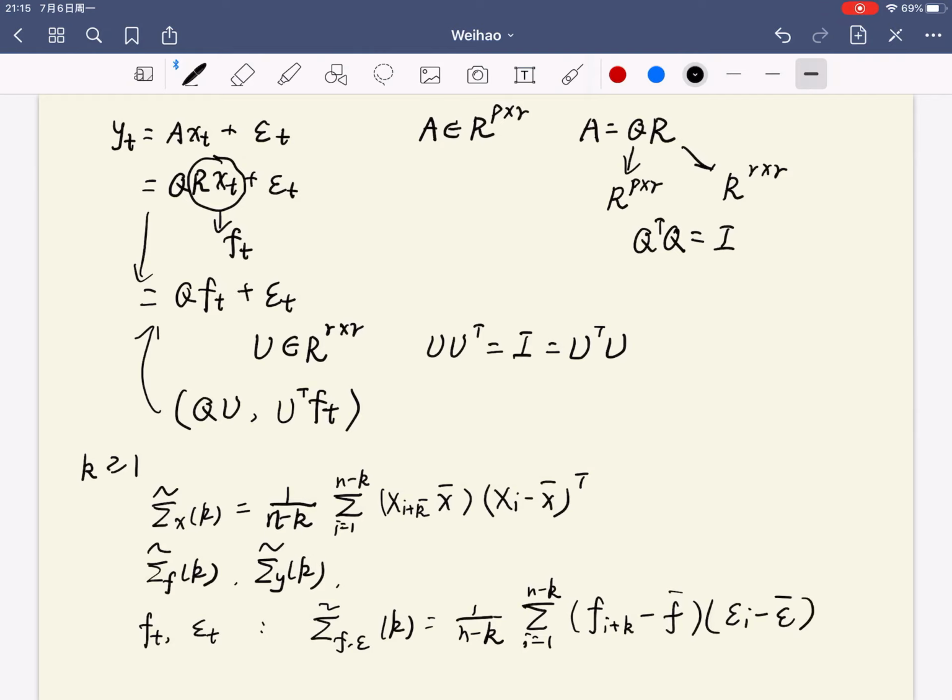Also, we can exchange the order of epsilon and f, which gives a sample version of the autocovariance between the white noise and the low dimensional process.